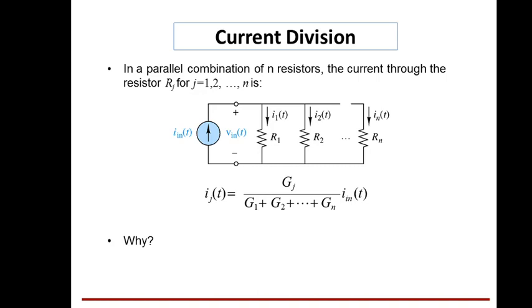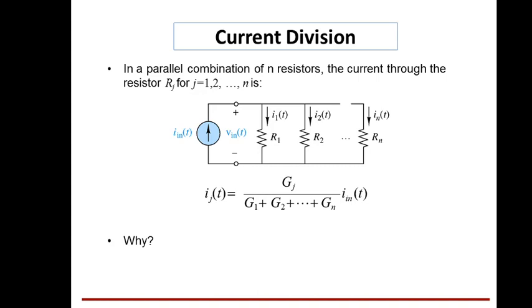In the same way, for j equal to 1, I1 equals G1 by G equivalent into I_N. G1 is nothing but 1 over R1, so I1 equals 1 over R1 by 1 over R equivalent into I_N.